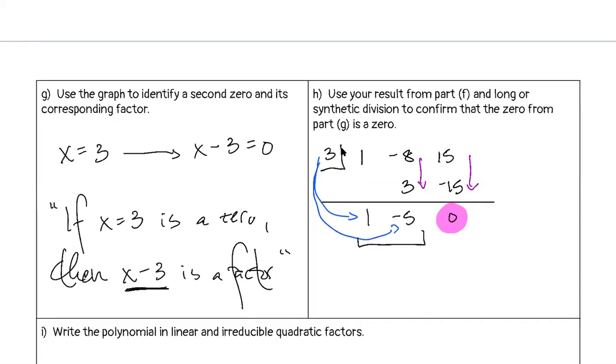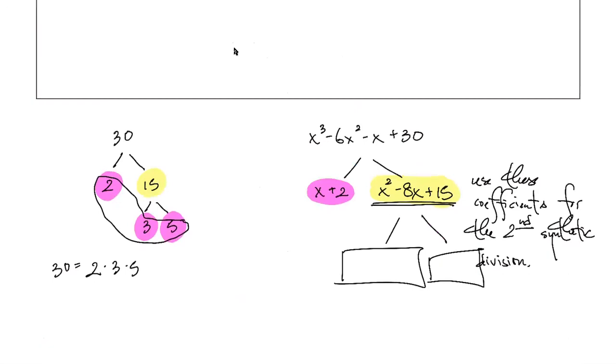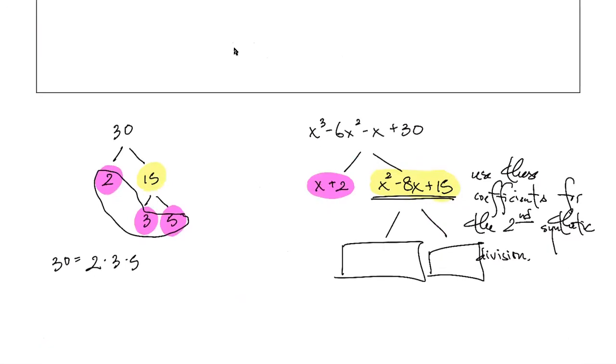Like, what is the other factor? X minus 5. X minus 5, yeah. So when I go back down to my little picture here, I can say that x squared minus 8x plus 15 breaks up into x minus 3 and x minus 5.